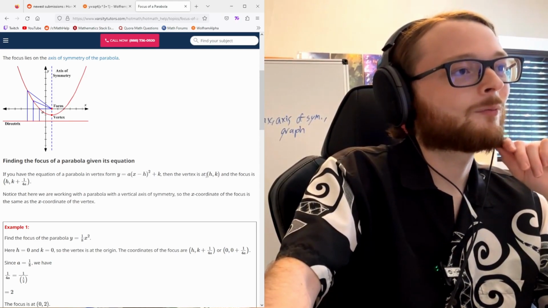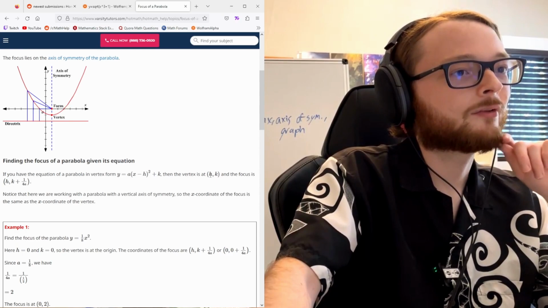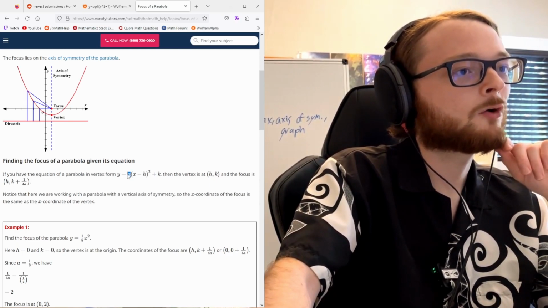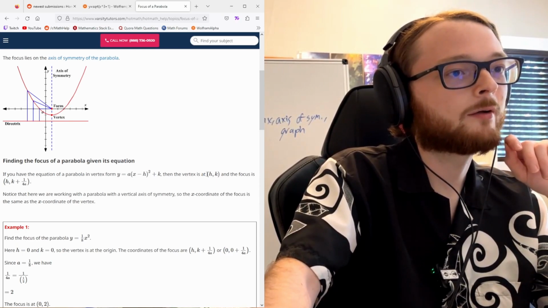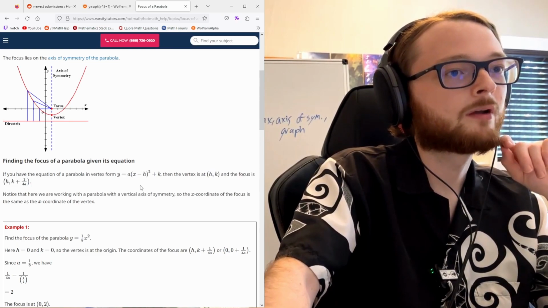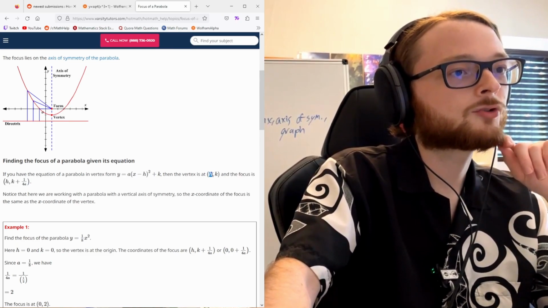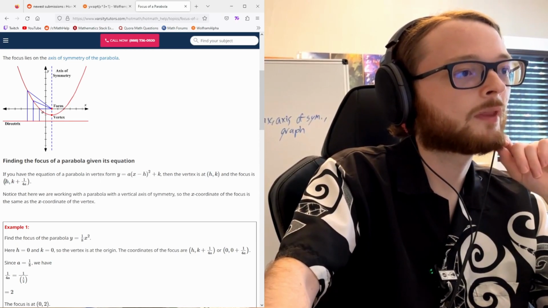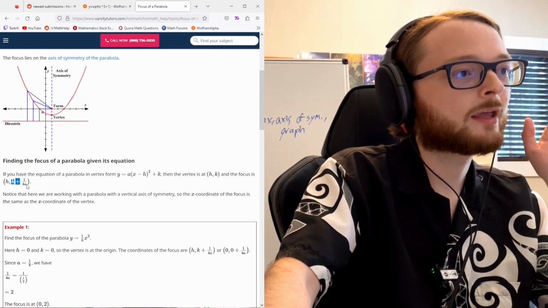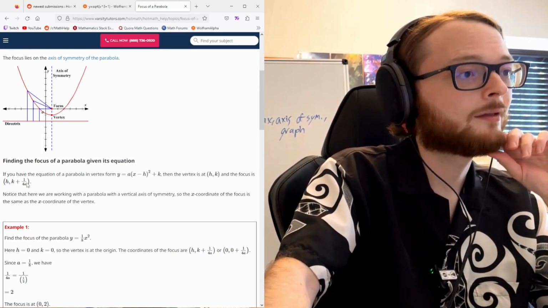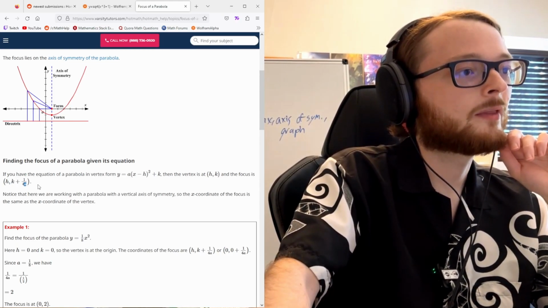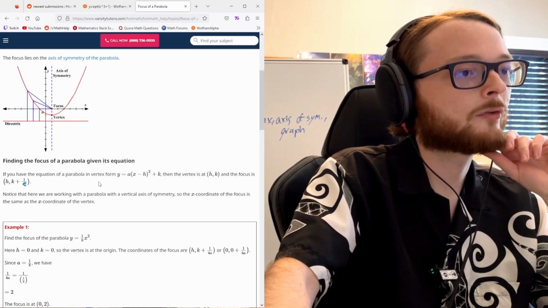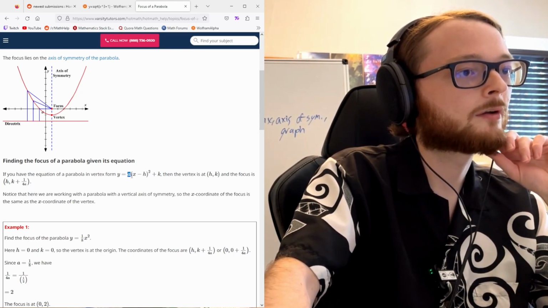So when you have the focus of a parabola and the vertex, you can figure out what this a coefficient is with basically this relationship here. The focus is at h, the same exact x coordinate as the vertex, and the y coordinate is at k plus 1 over 4a, and this a being here is how we're going to solve for the a over here.